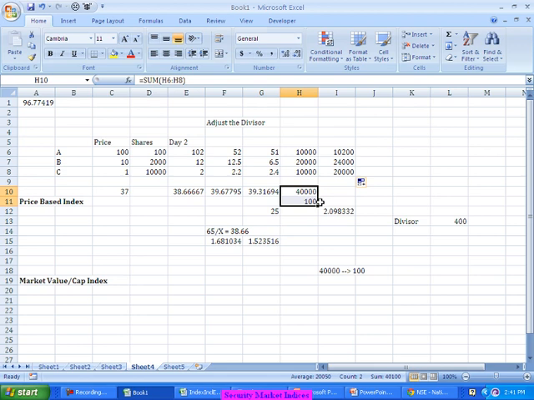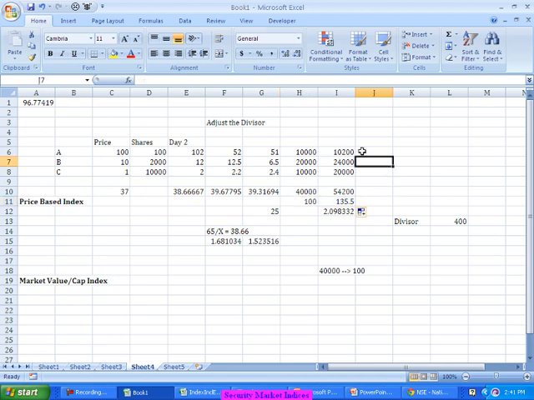So this is what has happened to my index: 135.5, which means the index has grown by 35%. Here the index has grown only marginally in the price weighted case, whereas here we have seen that the index has grown to 135.5.